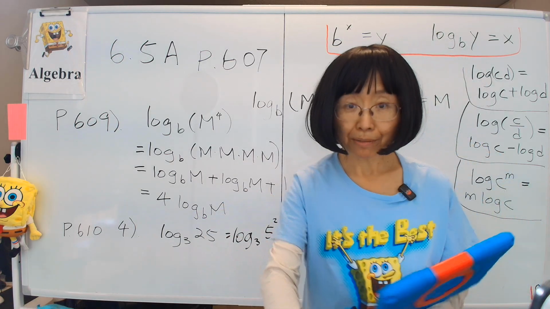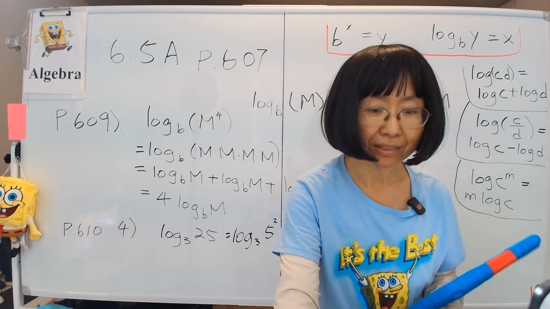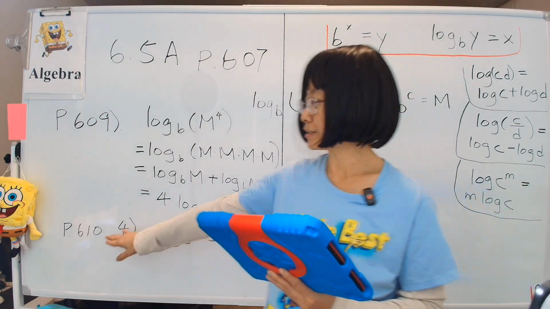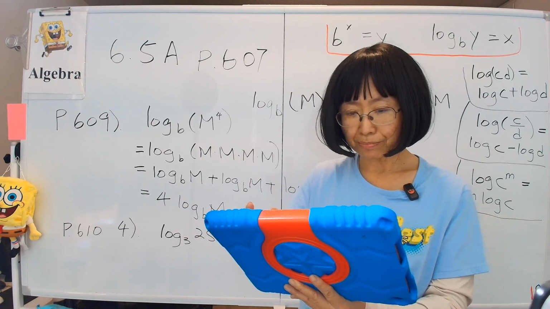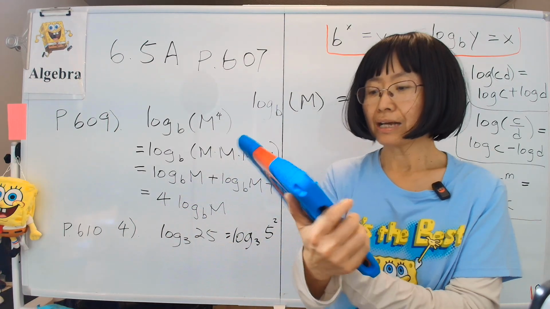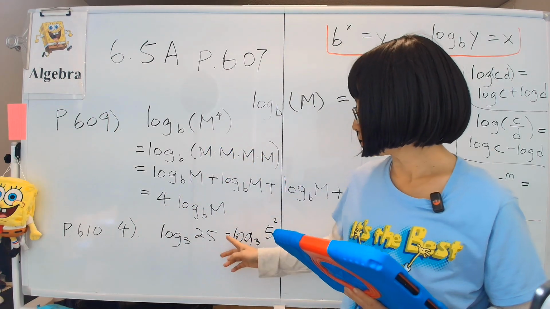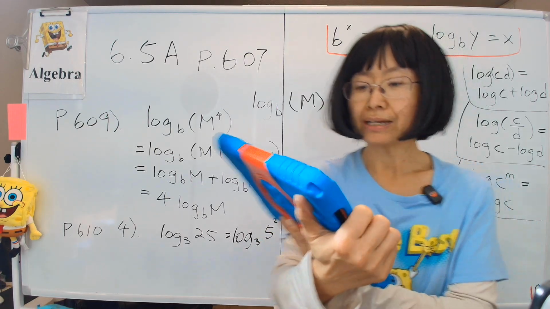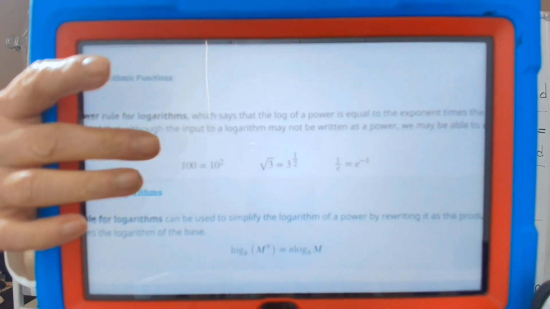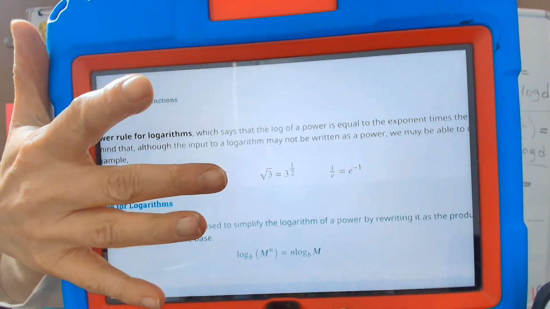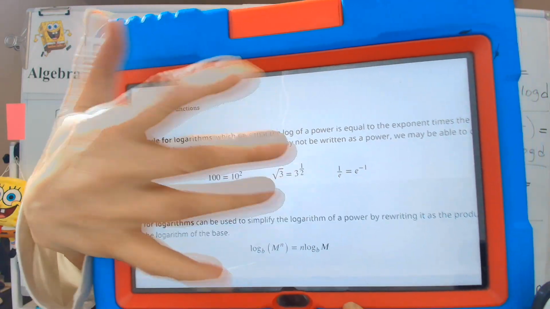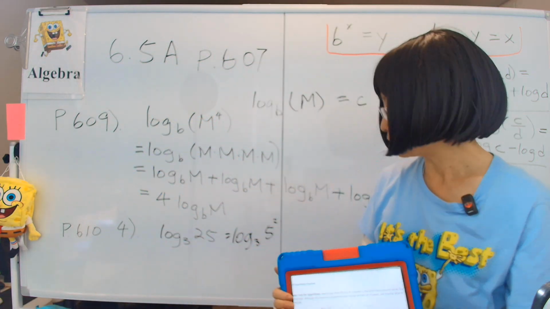Let me see if I should talk about this. Please look at the top of page 610, where I want to mention this thing right here. So far I've given you the power as a positive integer, right? And now at the top of the page, as the book mentions, it doesn't matter if the power is a positive integer. It might be a fraction, it might be negative, none of that changes anything.